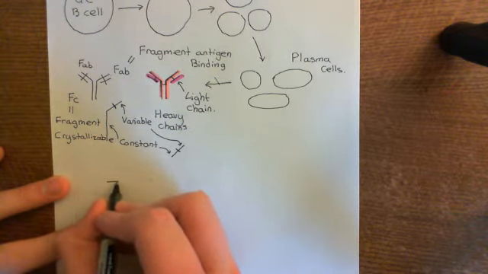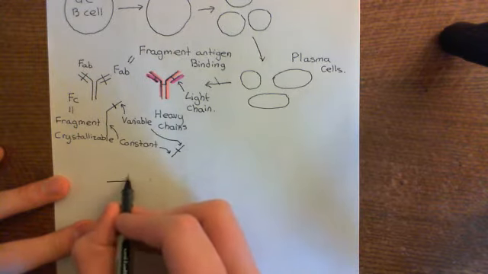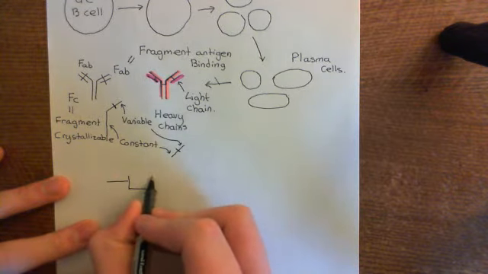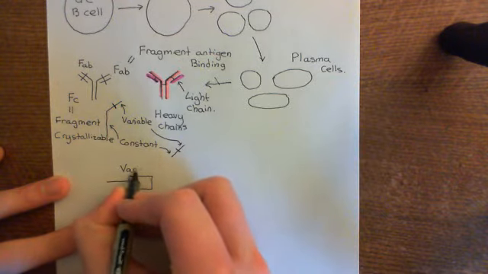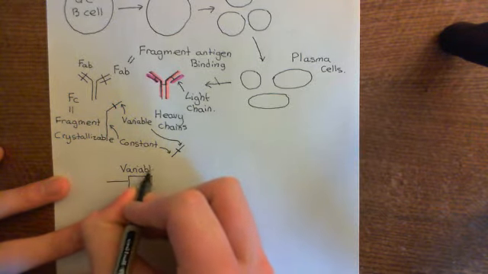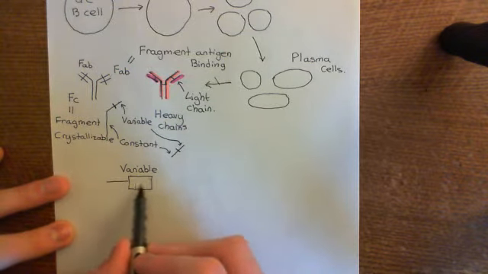Let's say this line represents some DNA. Firstly, you have the portion of the DNA that codes for this variable portion of the heavy chain. So this portion up here is coded by this portion of DNA.